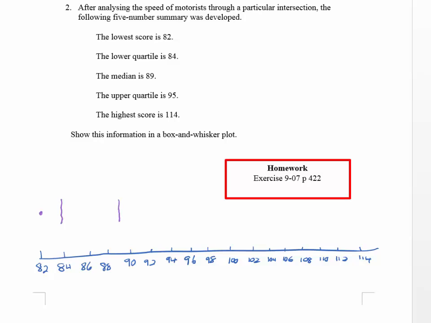The upper quartile is 95, so we draw a straight line there. We join them up because there's your box. Highest score is 114, which I would probably say to you girls is an outlier looking at this. We join them up and you have your box and whisker plot. And that's all there is to it.